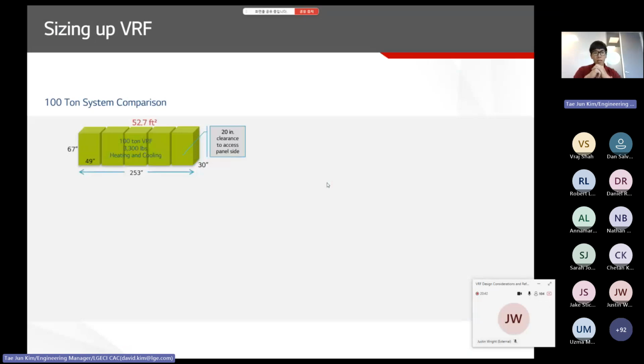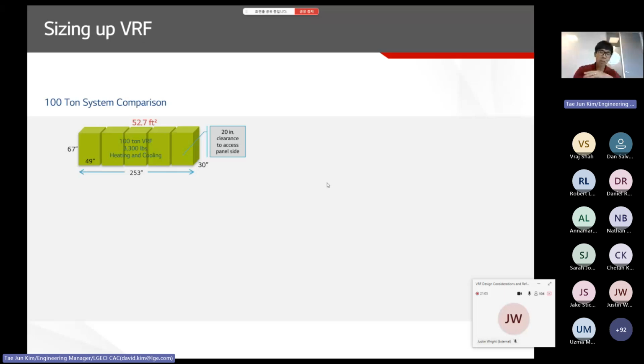Now, to compare VRF and talk about its benefits, one of the biggest benefits of VRF is the size of the equipment. The size of the condenser in comparison to other equipment is significantly less. For this example, I've used a 100-ton system for comparison.